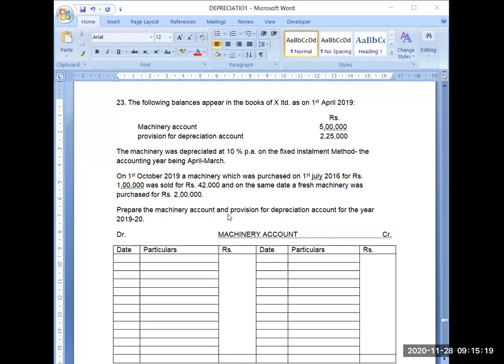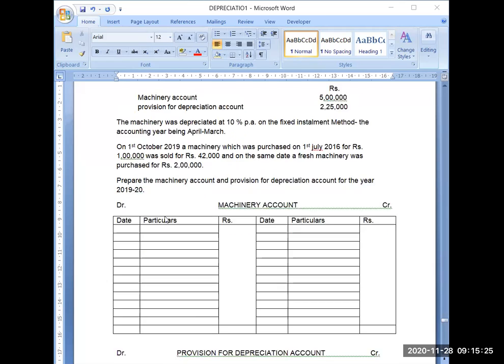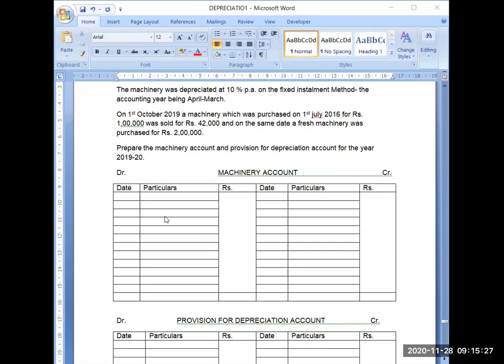Now, you have purchased a machinery for rupees 2 lakh and you have sold out one machinery for rupees 42,000. These two transactions are there in this year. So we have to prepare this account only for the year 2019-20.